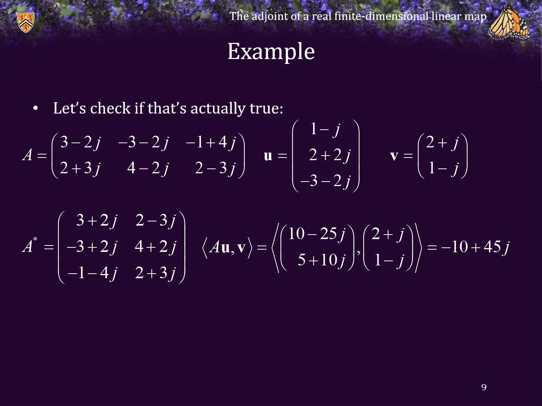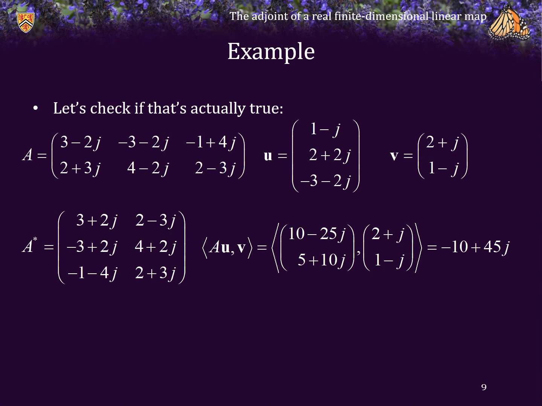However, we can sum those up and we get negative 10 minus 25j, and the second entry, which is the second row of A multiplied by the corresponding entries of U all added together, gives 5 plus 10j.